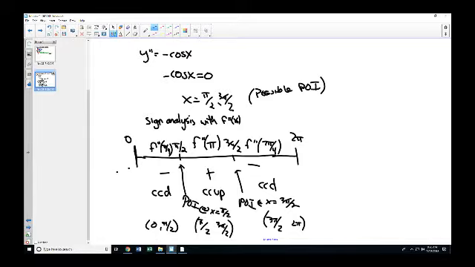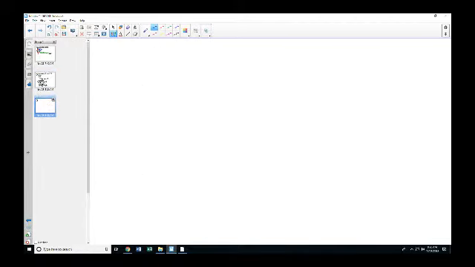You could have something like this. Right, it changes from concave down to concave up. This is your possible point of inflection where the second derivative doesn't exist. You choose a point in here. Choose a point here, second derivative is positive.